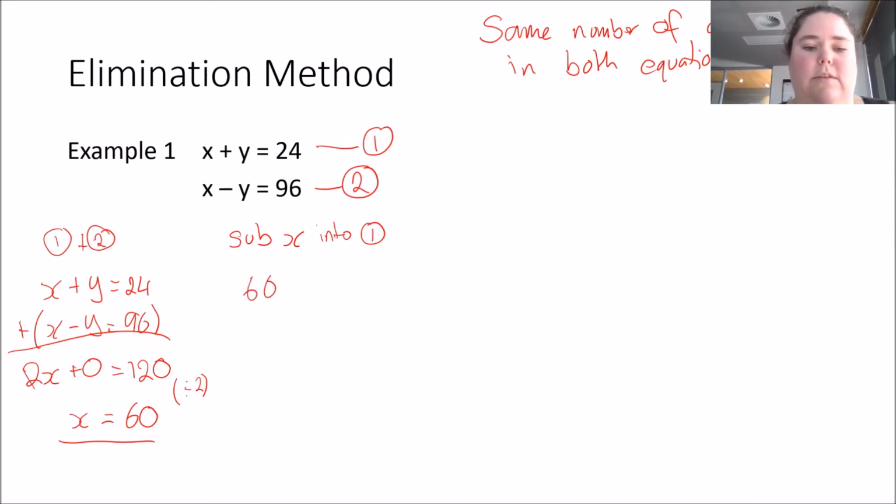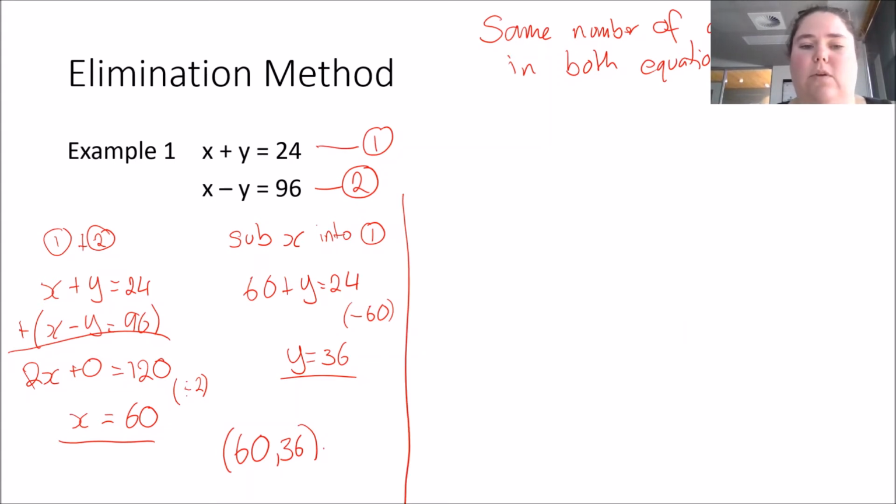So 60 plus y equals 24. Then we minus 60 from both sides. Y equals 36. Beautiful. And so our final answer is 60, 36. Okay, so that's using addition between the two equations.